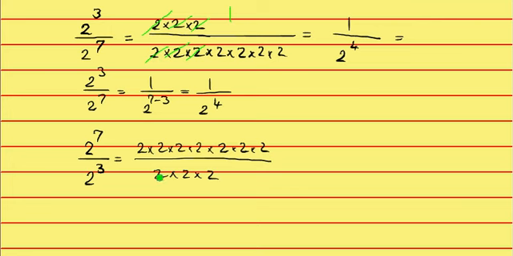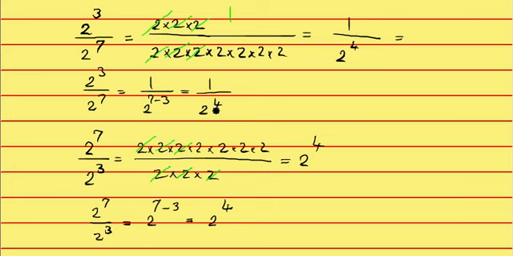And I can cancel 3 of these 2's in the numerator and denominator, and I have 4 2's left. In this case, I can write the answer as 2 to the power of 7 over 2 cubed as 2 to the power of, I can subtract the exponents, and now I get 2 to the power of 4. Same answer as I got over here.